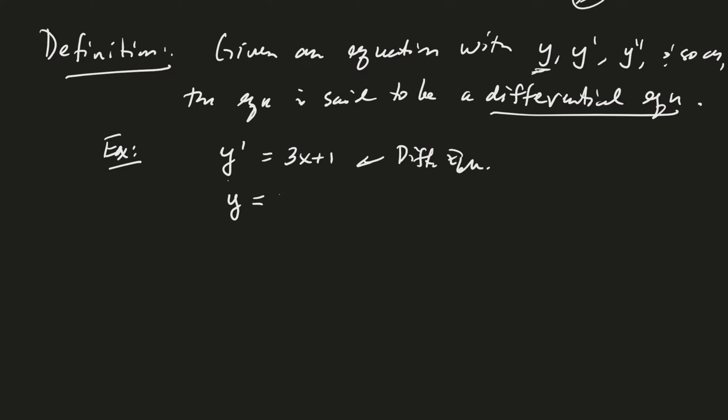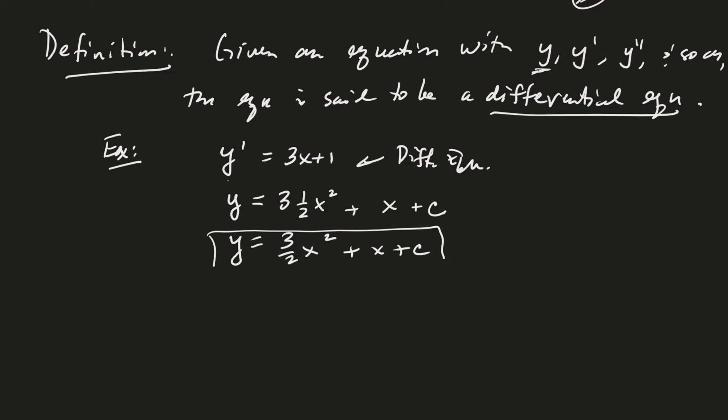So this would be 3, this is x to the 1 power, so we'd write x to the 2 power for the antiderivative, put a 1/2 in the front, plus the antiderivative of 1, which would be x, because the derivative of x is 1, plus c. And so you would write y equals 3/2 x squared plus x plus c. And so you're able to find the unknown function given the derivative. So we've just solved this differential equation.